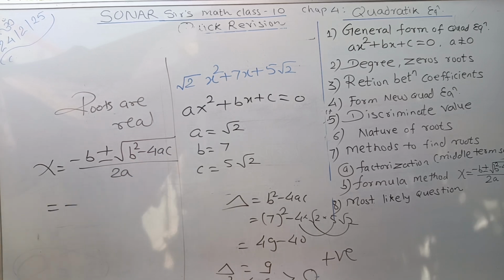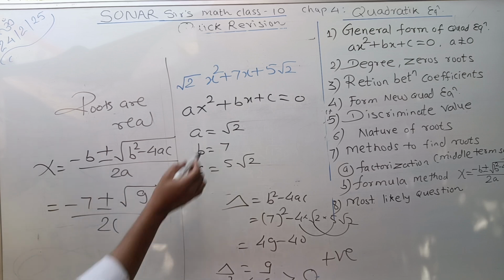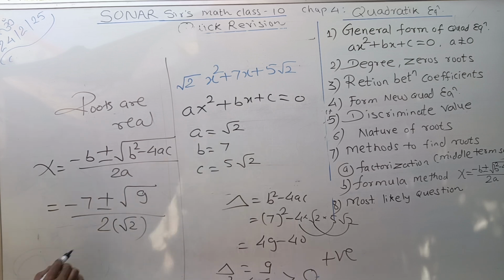So what is the value of b? Here b is 7, plus or minus root of b square minus 4ac, which we already got as 9. Twice the value of a, which is root 2. Now minus 7 plus or minus the square root of 9, which is 3. This is 2 root 2. Now you can see, if we take the plus sign, then we'll get the first root.